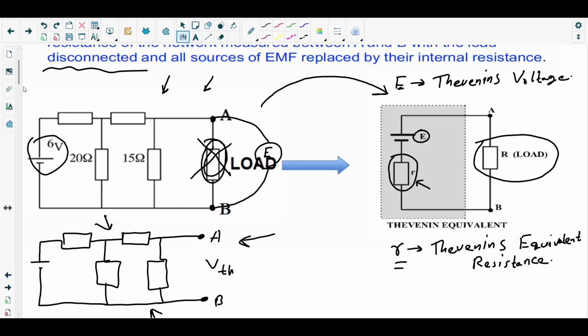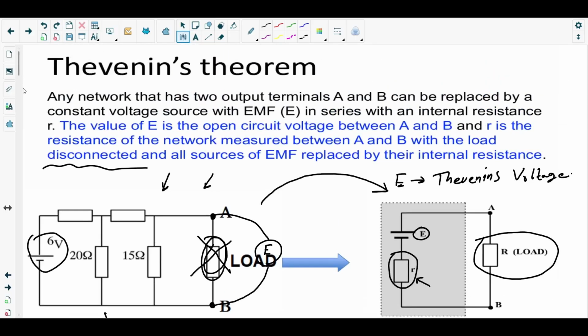Okay, so I'll show you in three examples. In the next three examples, we will check the current and voltage through each of the resistors in the original circuit and then relate it with the Thevenin's equivalent circuit and also the Norton's equivalent circuit. Okay?